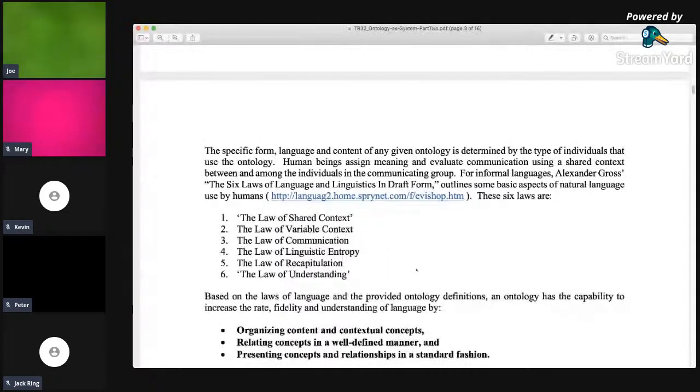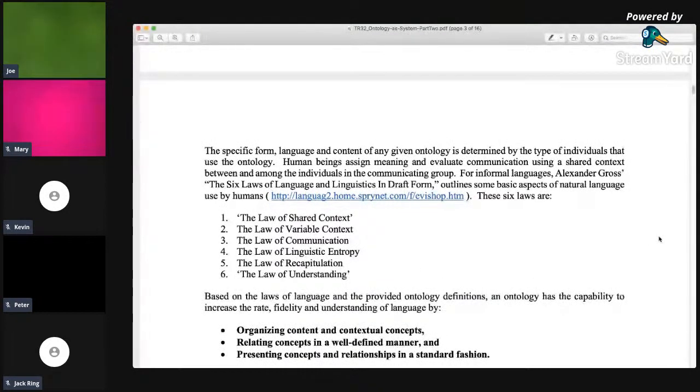A lot of linguistics literature is fairly verbose and huge, but Gross's 6 laws of language are fairly compact, kind of get the ideas across about what really restrains and restricts language use.